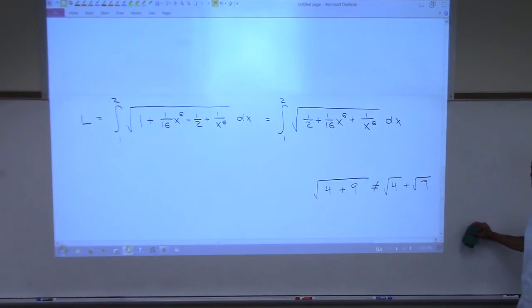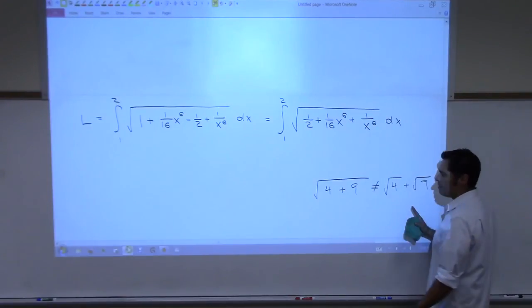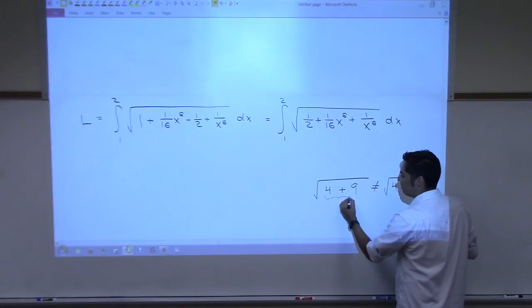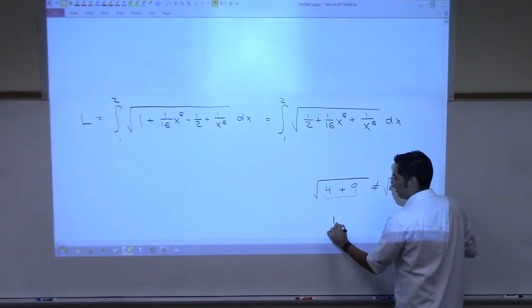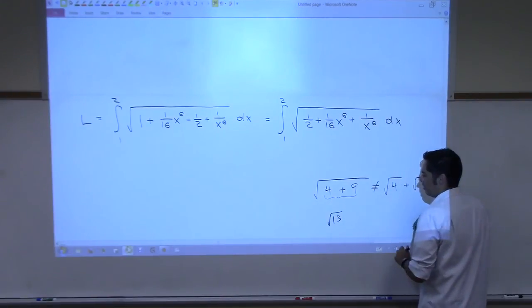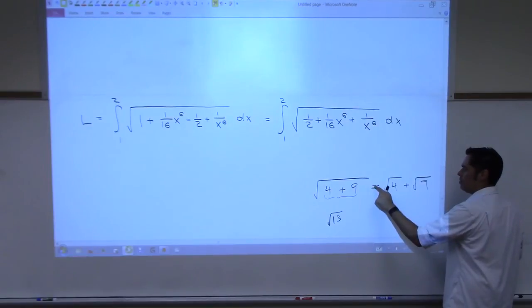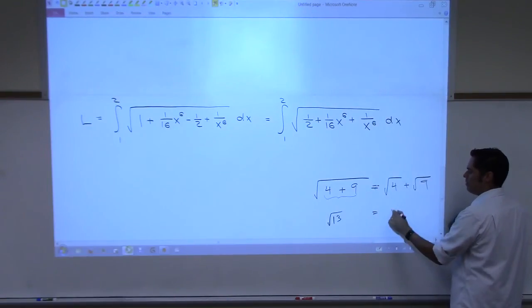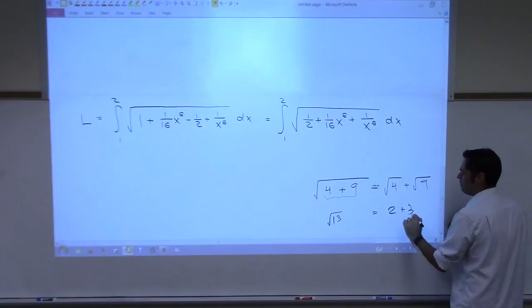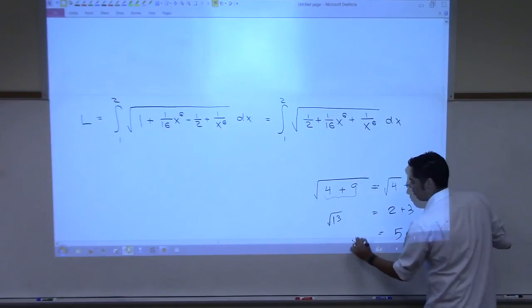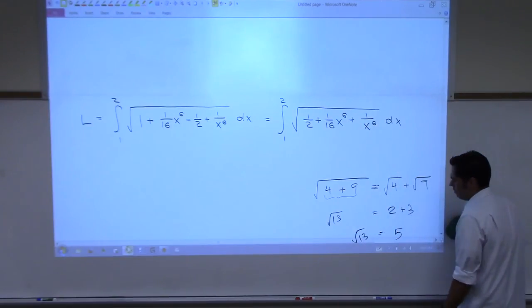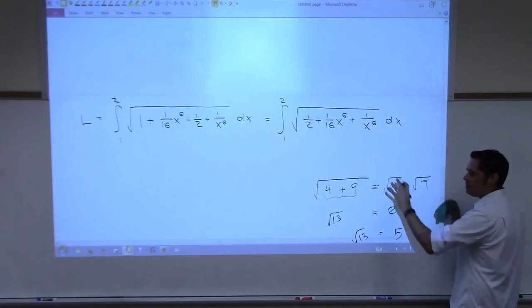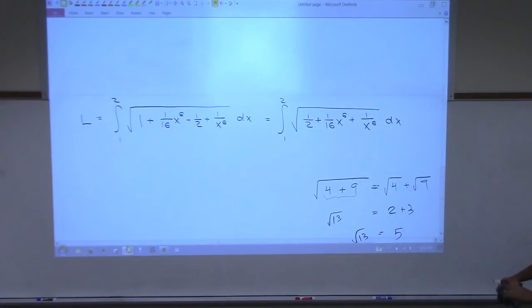Well, if you ever forget that you can't do that, just think about it for a second. This right here is 13, right? So this is root 13. If you think that this is true, then this should be 2 plus 3, which is 5, right? So is the square root of 13 5? No, then I must have messed up. Do you see what I'm saying? You can always go back and check yourself. So splitting into 3, no go.